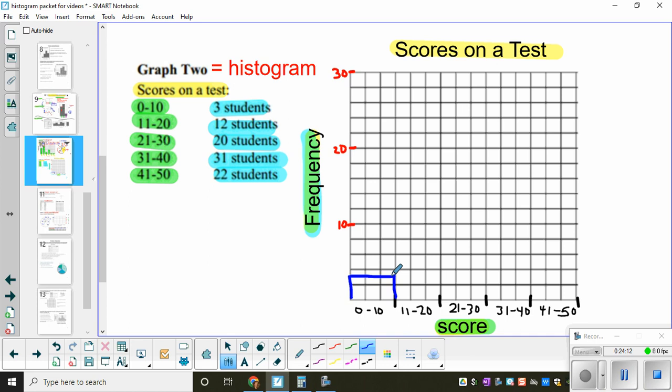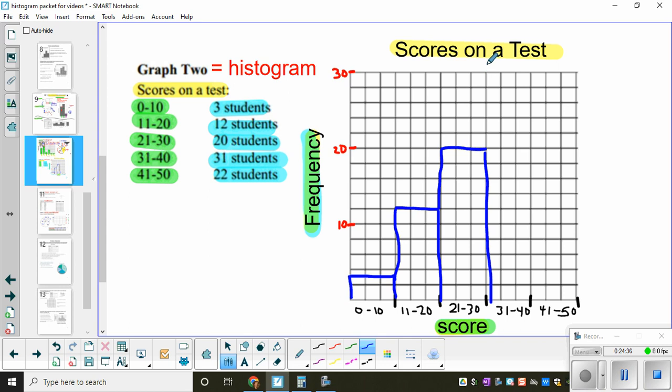The next one is a 12, so the height would be a 12. And of course, my lines aren't perfect. I'm drawing on the computer. Your lines are probably going to be better than mine. For the next one, we had 20, which is all the way extended over from that line. That one's pretty simple. All right, and the next category, 31 to 40, was 31 students.